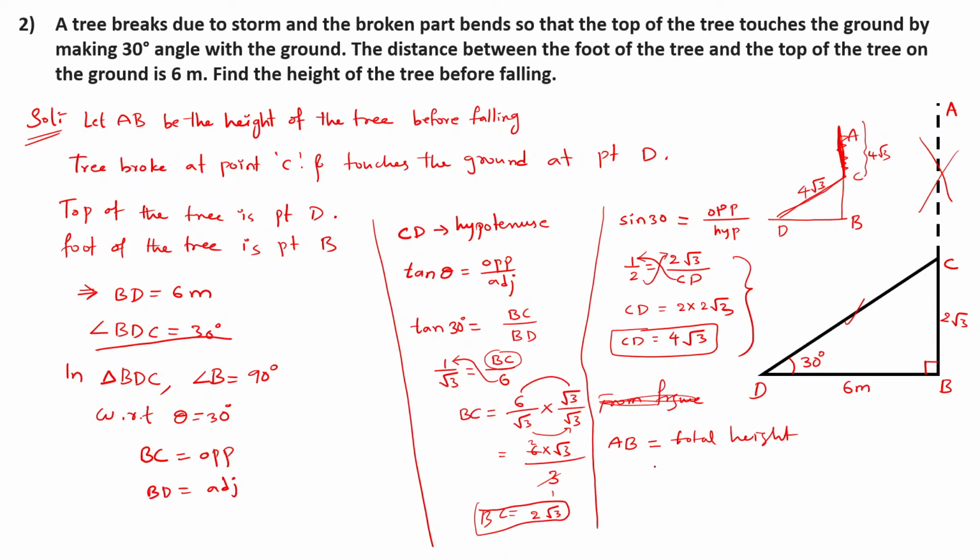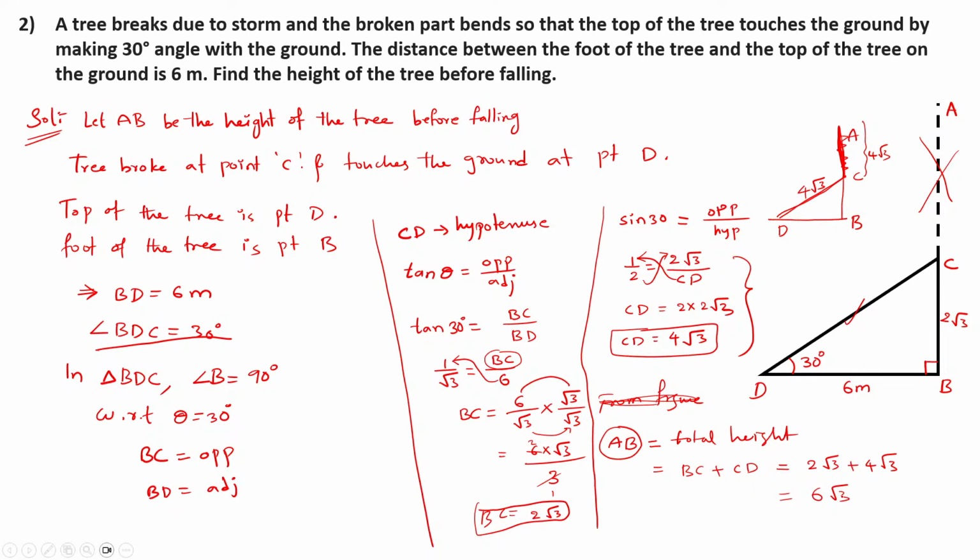Okay, total height. That means BC plus CD gives the value of AB. Okay, don't get confused here. So BC value is 2 root 3 and CD value is 4 root 3. So if you add them, you get 6 root 3.